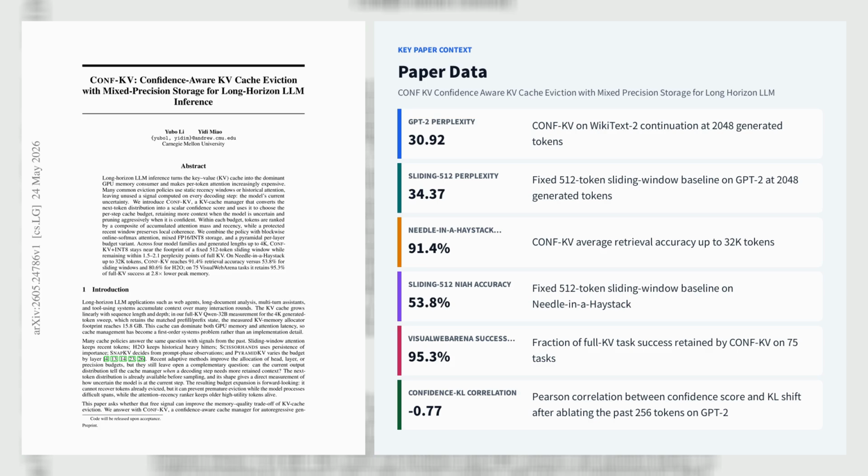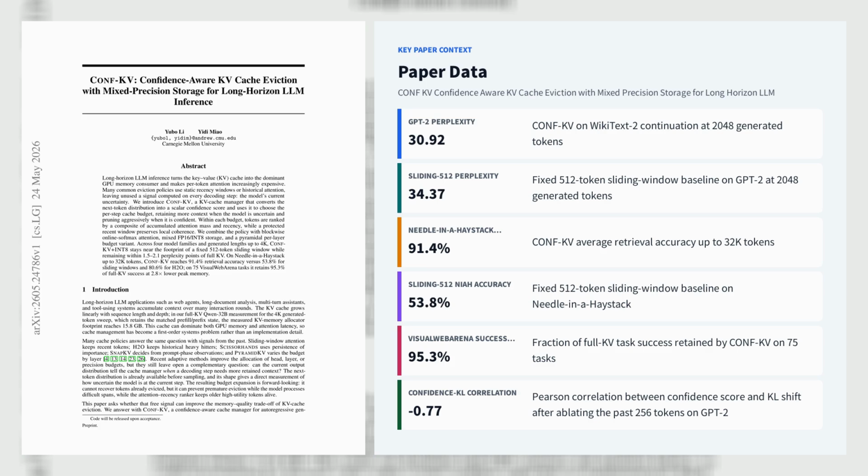On GPT-2, at 2048 generated tokens, it reaches 30.92 perplexity at 52.8 megabytes, and ConfKV plus INT8 reaches 31.26 perplexity at 38.7 megabytes, versus 34.37 for sliding 512. On needle in a haystack up to 32K tokens, ConfKV achieves 91.4% retrieval accuracy compared with 53.8% for sliding windows and 80.6% for H2O.